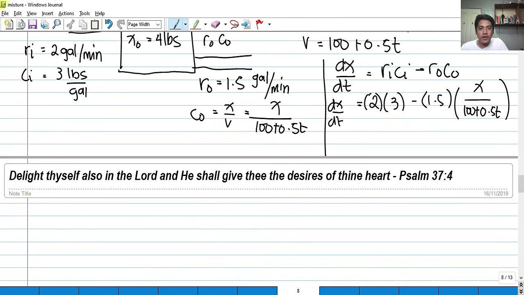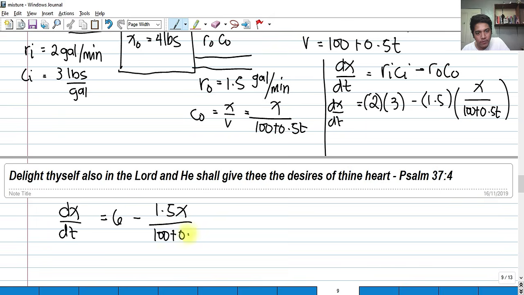Okay? So we can multiply that. So we have dx over dt is now equal to 6 minus 1.5x over 100 plus 0.5 t.